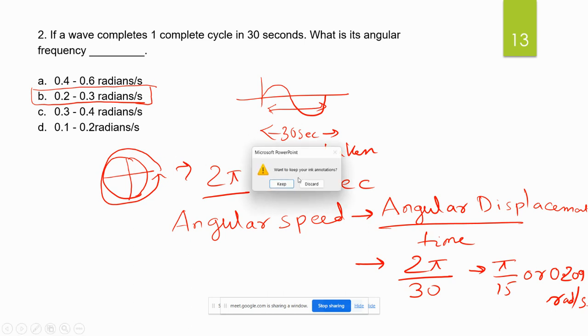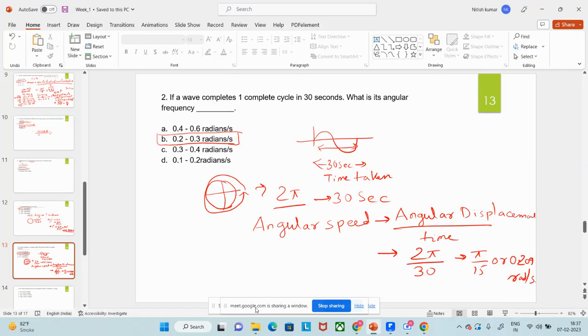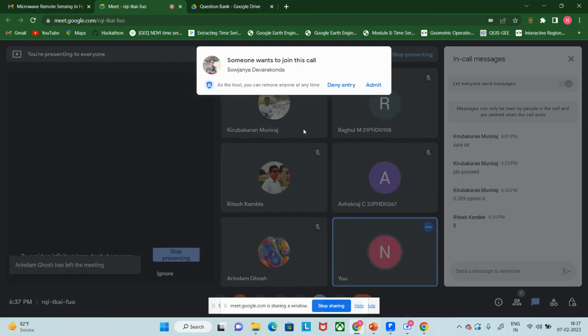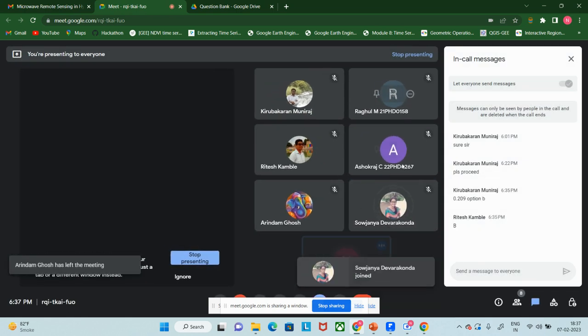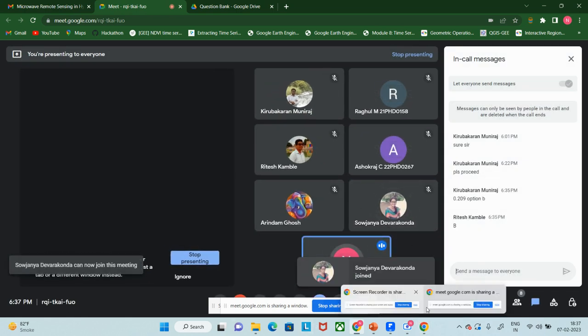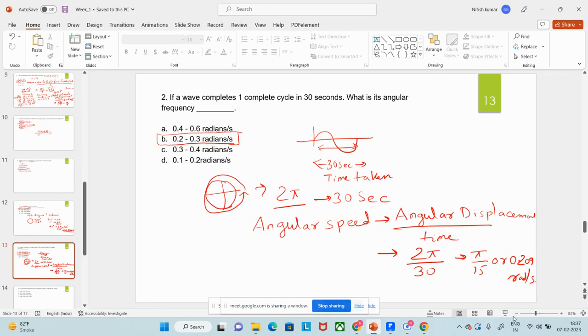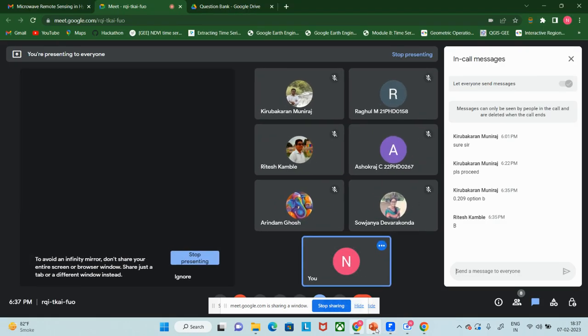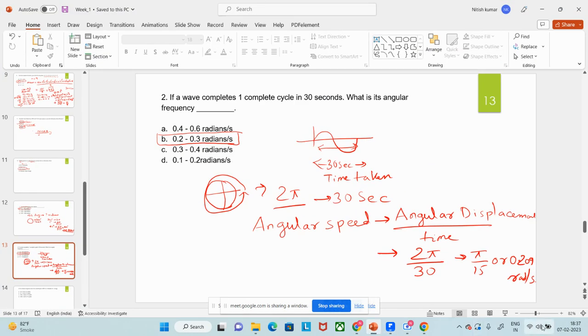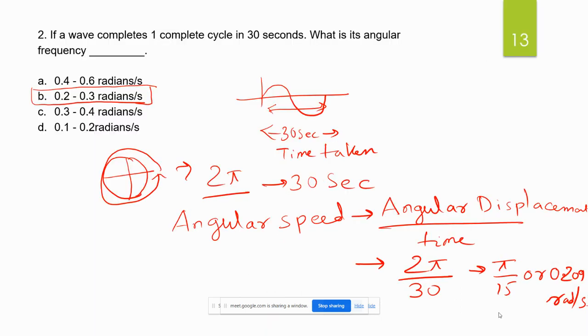1 minute. So take some time and understand the solution, and then I will start next question. Take 2 minutes to understand. If anyone is having any doubt, please tell.